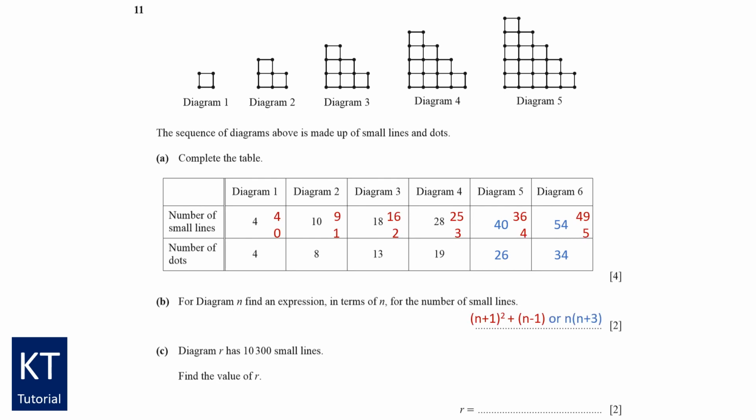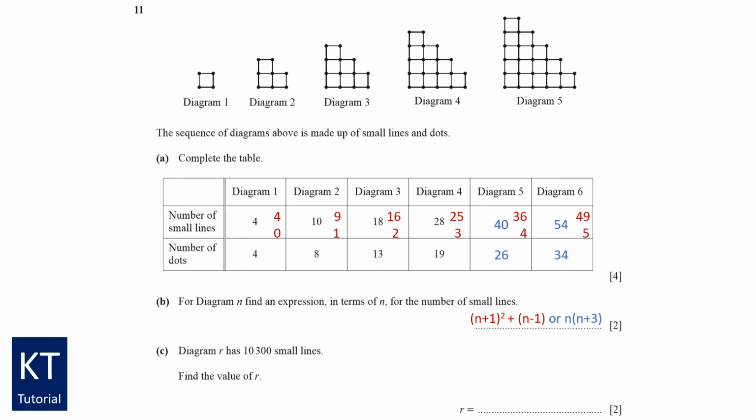The numbers of this row seems to be a pairing of a geometric progression and an arithmetic progression that is shown in red. Therefore, the formula is n plus 1 squared plus n minus 1, or when simplified, n times n plus 3.